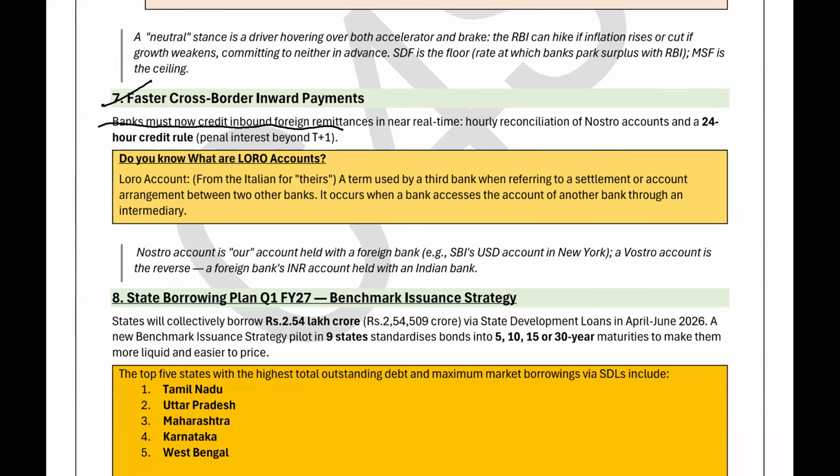ठीक है, ठीक है। What is Loro account? Please try to understand. Loro account क्या होता है?